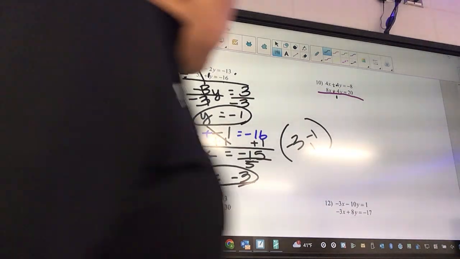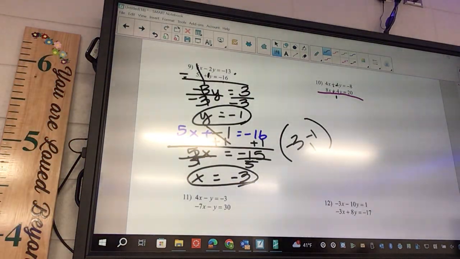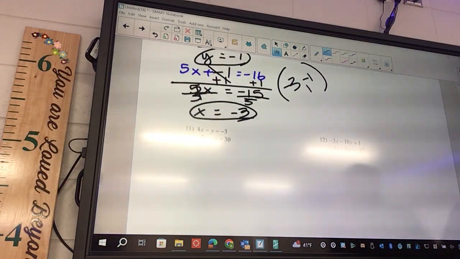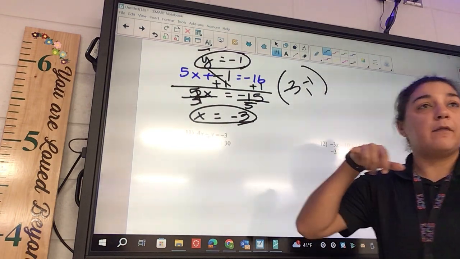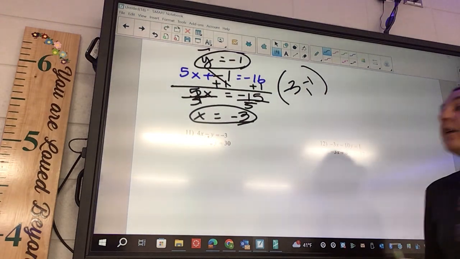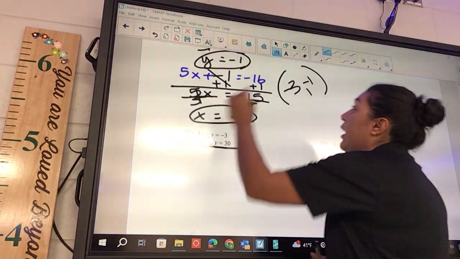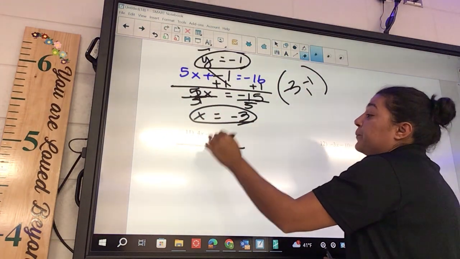Okay, last one, number 11. Which ones are gonna get eliminated? The y's. Again, we know it's subtraction because they both say minus y, so that means you have to subtract. Then you just start going through.